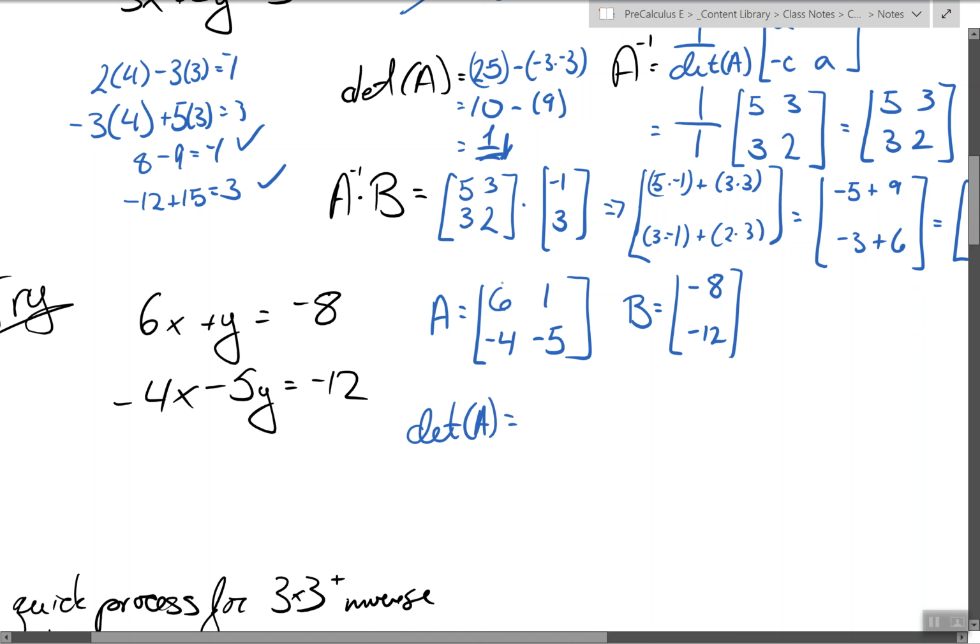So the determinant of A here would be 6 times -5 minus -4 times 1. Okay, so we're definitely going to get a determinant that's not 1. So 6 times -5, that's -30, minus -4 times 1, that is -4. So we end up with -26.